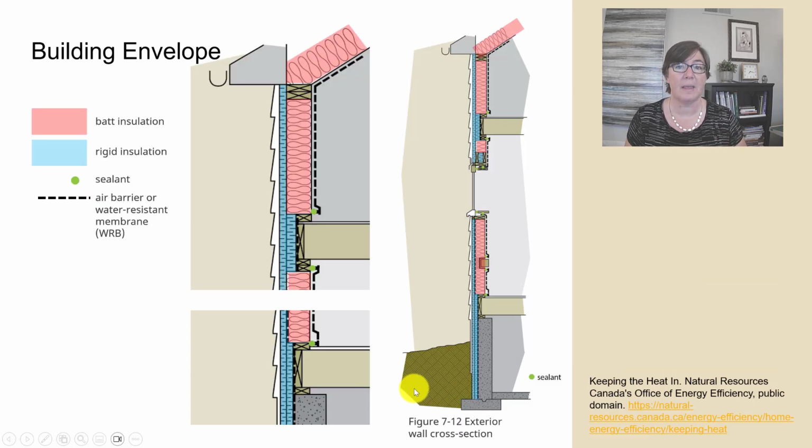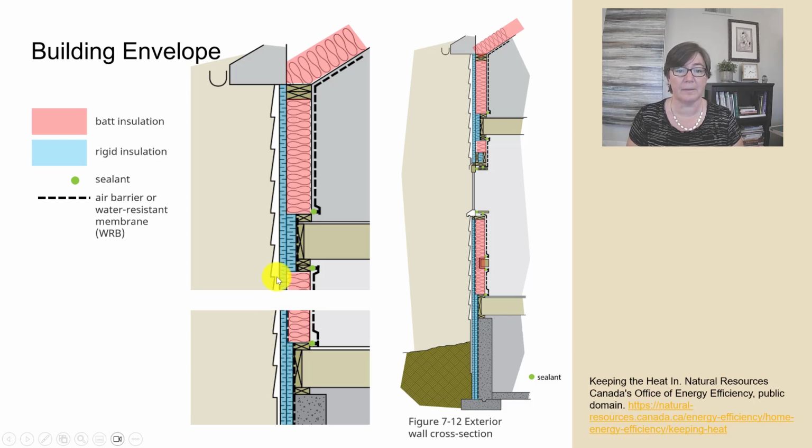Let's zoom in on that, and looking at the bottom, we've got the foundation down here. We can see that we have uninterrupted insulation. So the insulation is going to run past these floor plates, uninterrupted and continuous. And then we have some right here. This is the wall.